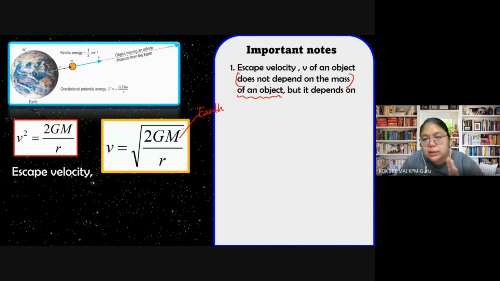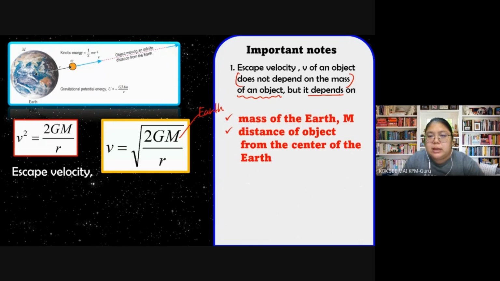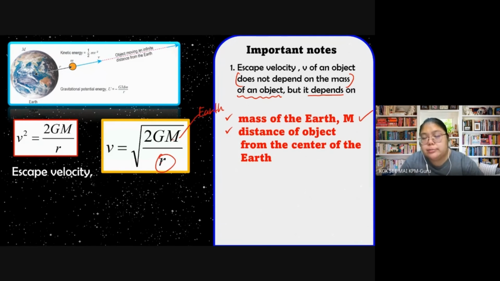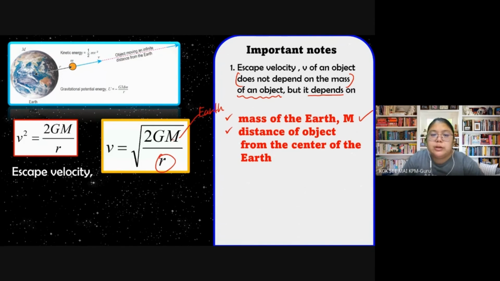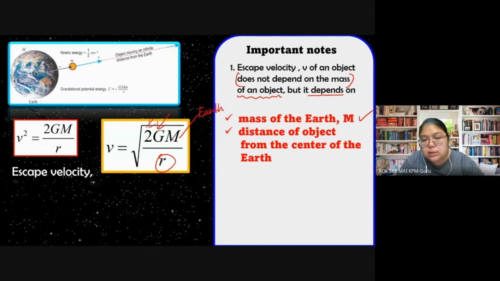When you exceed it, you can go outside. It depends on the mass of the Earth, and also the distance of the object from the center of the Earth, the capital M and the small r. G is a constant, so we don't care about that. 2 also is a constant. So it is just related to M and R.